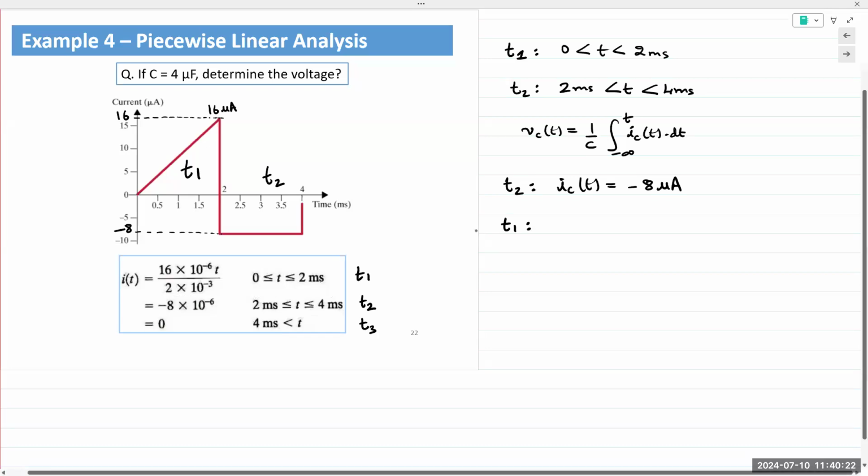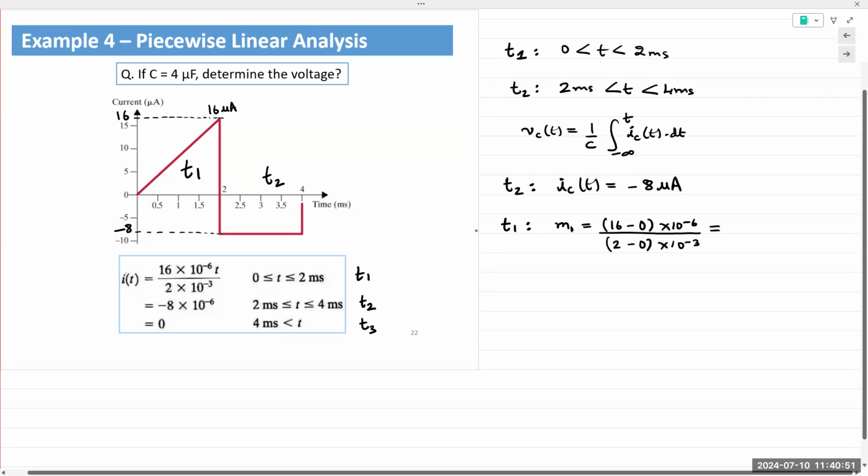So for T1, again, y equals mx plus b. I'm going to use that to describe my line. I need to find the slope first. M1 would be 16 microamps minus 0 microamps divided by my x coordinates, which is 2 milliseconds and 0 milliseconds.